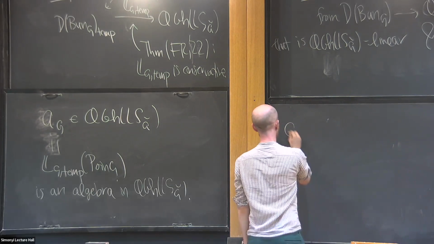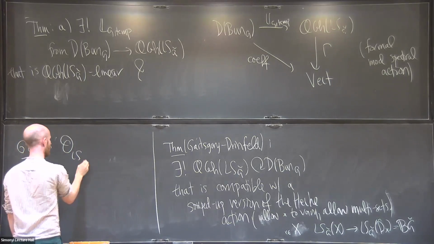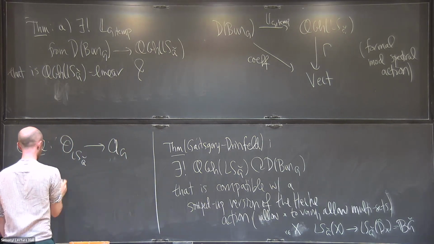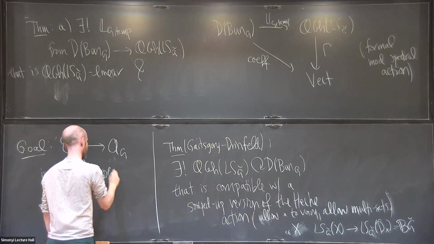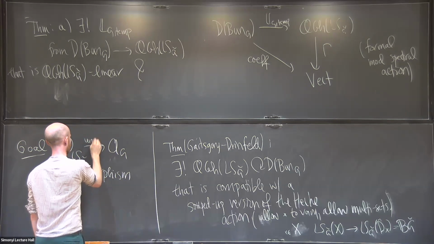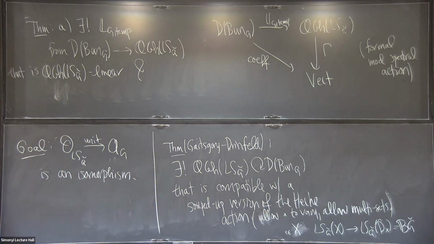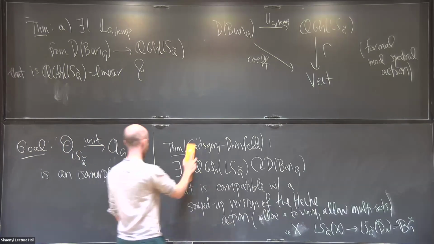So our goal, in other words, is to show that the map from O on the locus to this A_G is an isomorphism. So this is the unit map for the algebra structure. And so everything reduces to understanding this A_G, aka the Fourier, the Whittaker coefficients of the Poincaré sheaf itself.